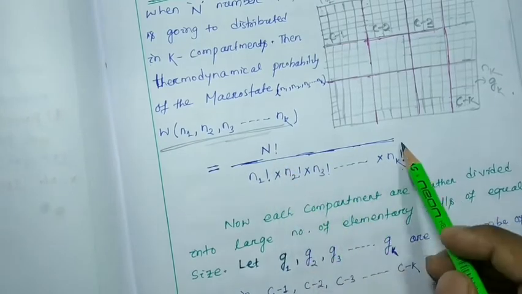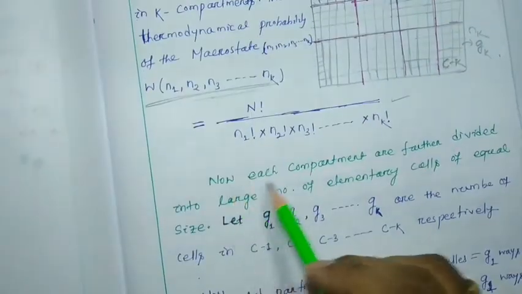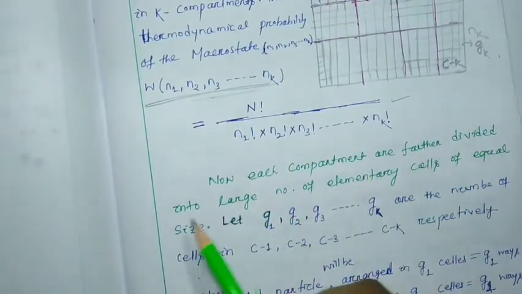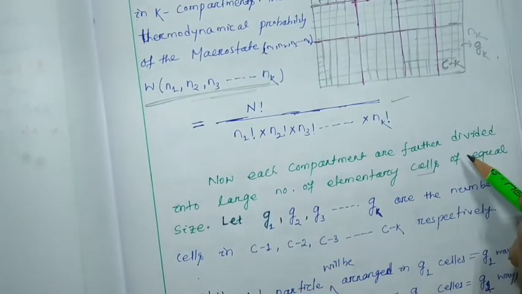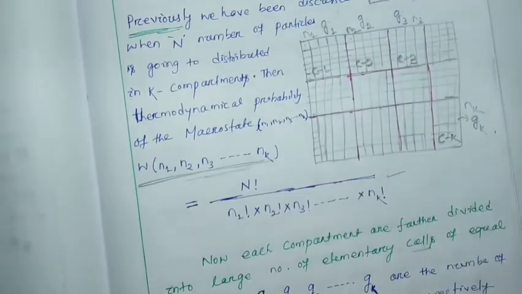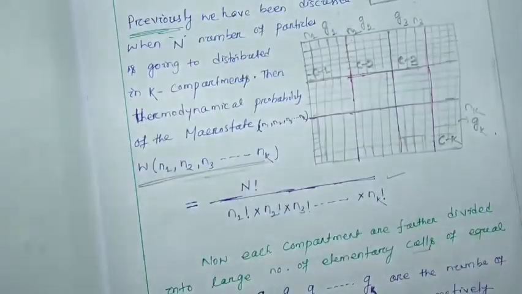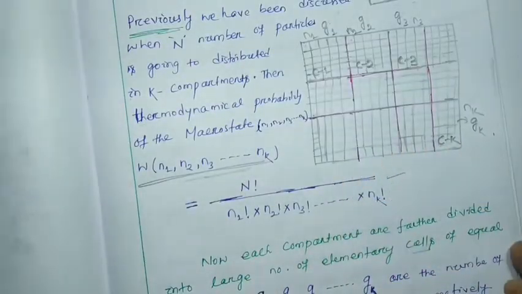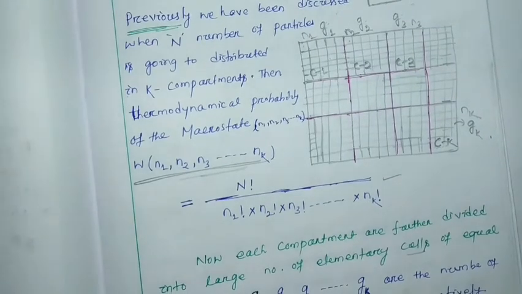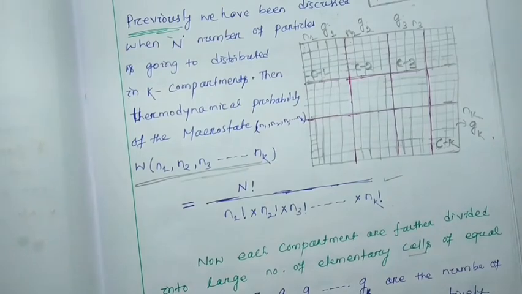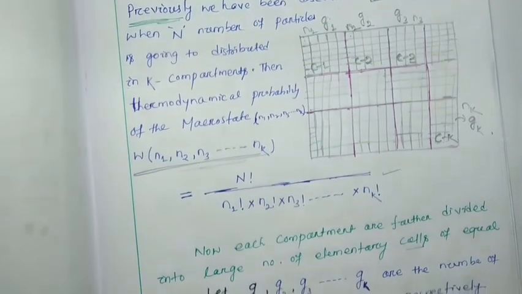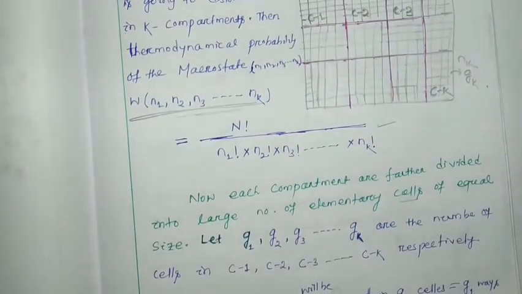Okay, now each compartment is further divided into a large number of elementary cells. As you wish you can divide, no problem. One thing I have to say to you, in case of classical statistical mechanics or Maxwell-Boltzmann statistics, each compartment can be divided as much as you want. There is no restriction for the division of the cells.